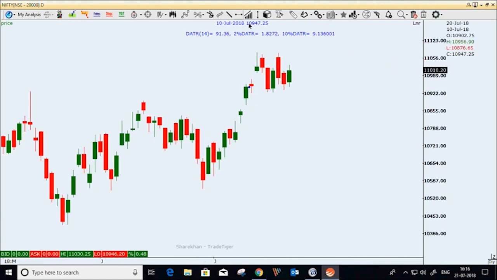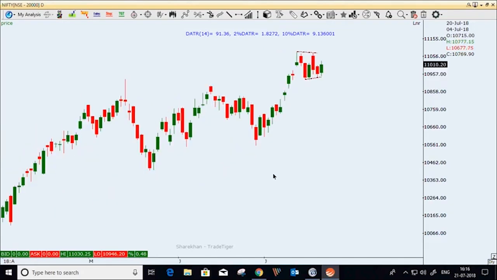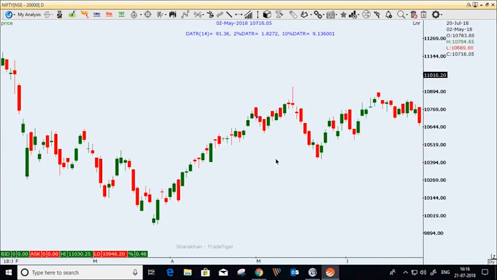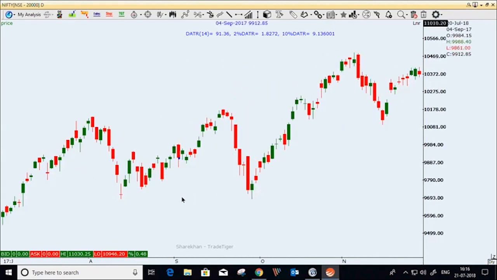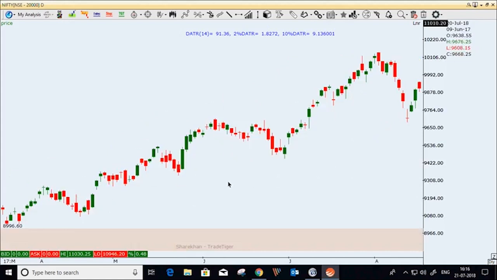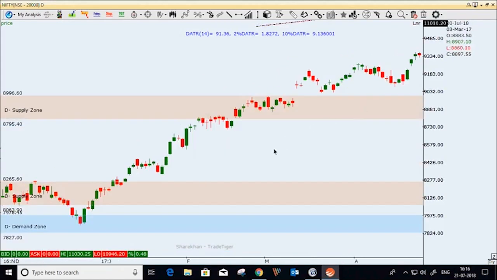Say price is creating this, and I have marked this, whatever SR I have marked. Now suddenly I feel I don't know what price is going to do here. I need some reference. So what should I do? I remember this pattern in my brain. I start going back in the past. Is there any time this pattern has formed in the chart?